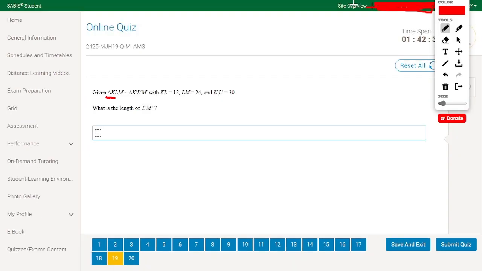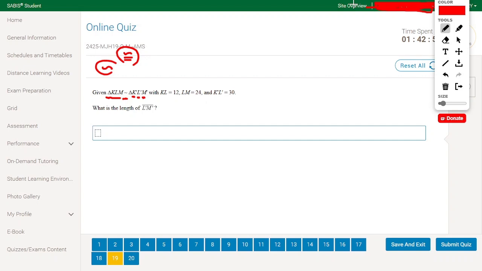Given triangle KLM is similar to triangle K dash L dash M dash. So here let's draw the two triangles.